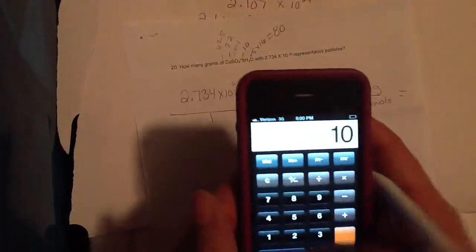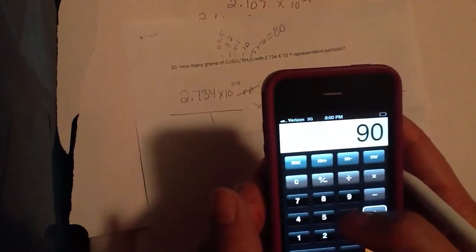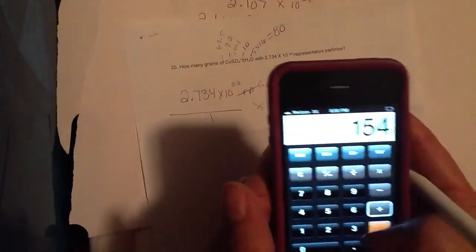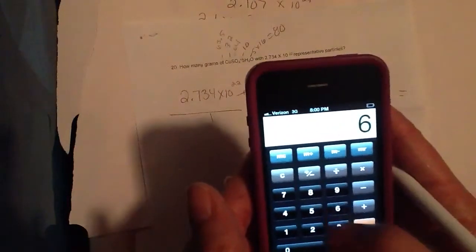Let's take our 5 times 16 first so we can get that out of the way. Okay, so we've got 80 right here. Okay, so I'm going to take my 80 plus 10 plus my 64 plus my 32 plus my 63.5. This gives me 249.5 grams. Hopefully I did that right because I kind of did it quick there.